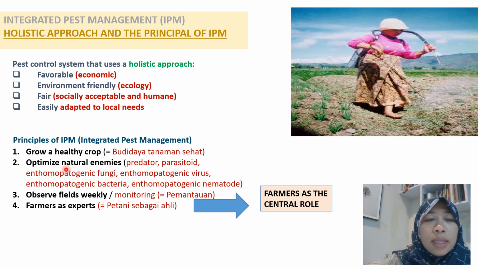And then the other biological agent or natural enemies called entomopathogenic fungi. As I told you before, entomo is insect, pathogenic is cause of disease. So entomopathogenic is an agent that causes disease on insect, caused by fungi.